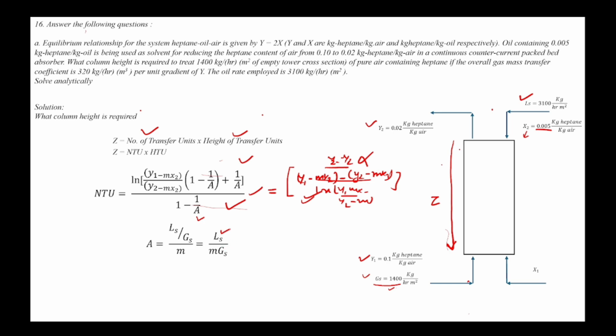LS is the liquid flow rate on solute free basis. GS is the gas flow rate on solute free basis. M is the Henry's constant, and this is the value of M. M is equal to 2 for a dilute mixture.